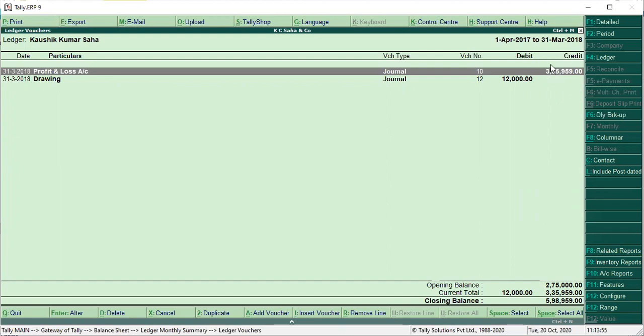And you have expenses like the drawing account, which will be deducted from your capital account, so that is debited here. So the net is 2,75,000 plus 3,35,959 minus 12,000, which comes to 5,98,959.